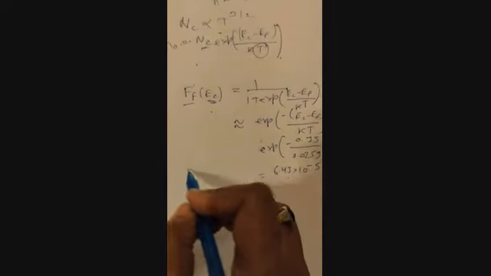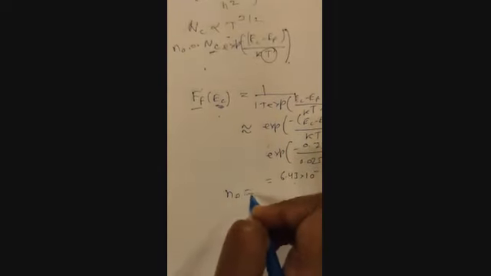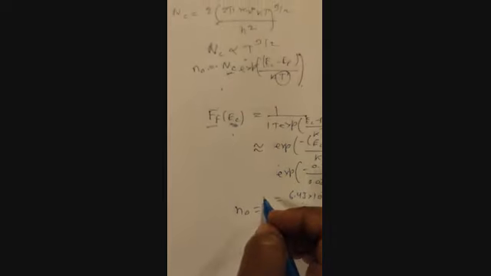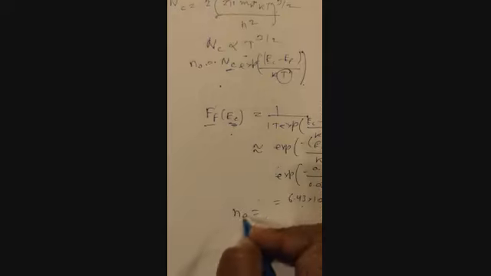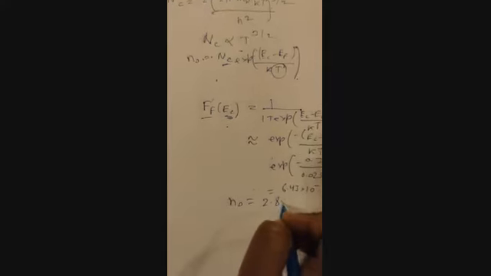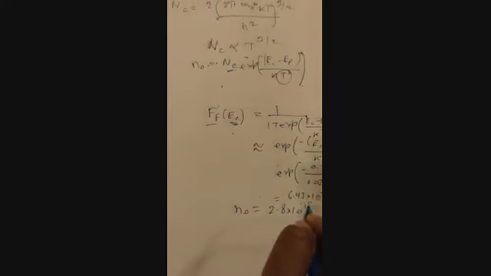Now I multiply it with NC, whose value is generally 2.8 into 10 to the power 19.